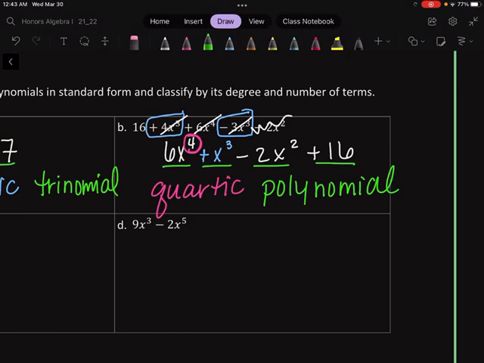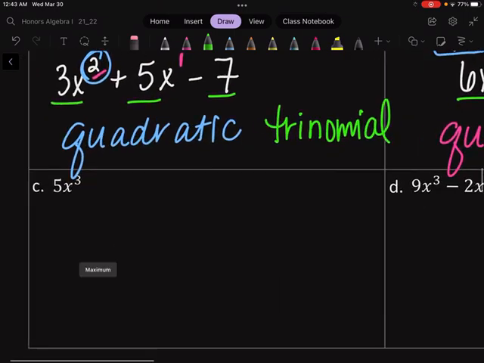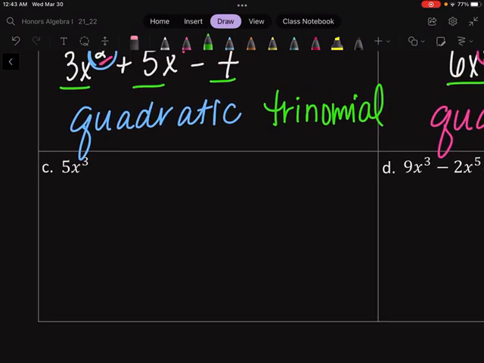Okay, this guy here, it's one term, so monomial for sure. And then the highest power here is only really 3, so it's a cubic, and it's only that one term, so monomial.